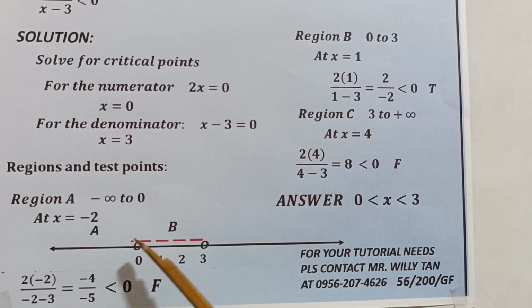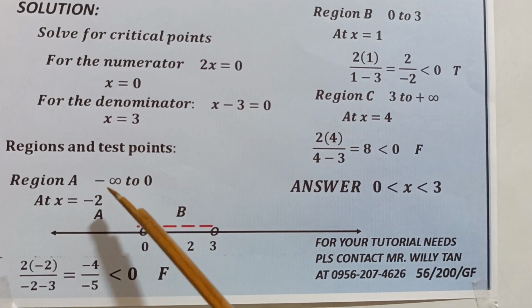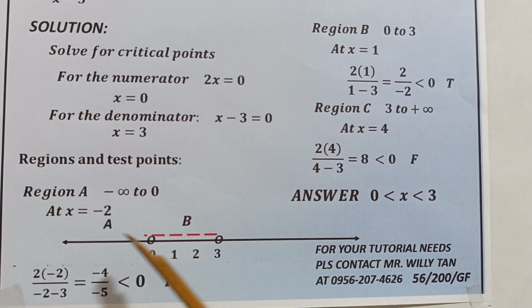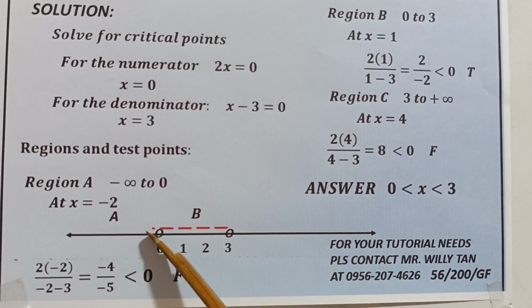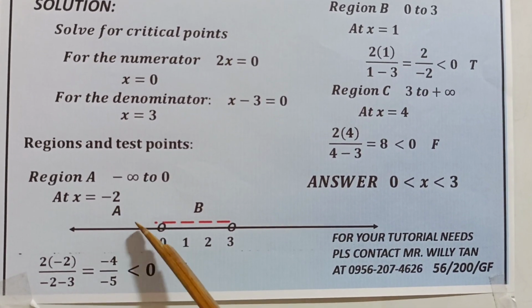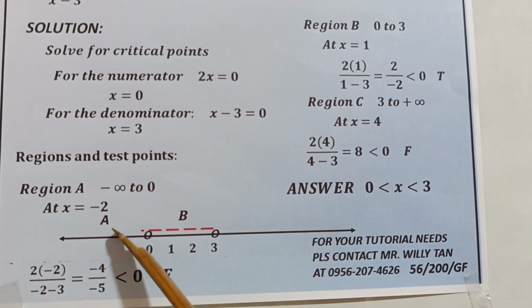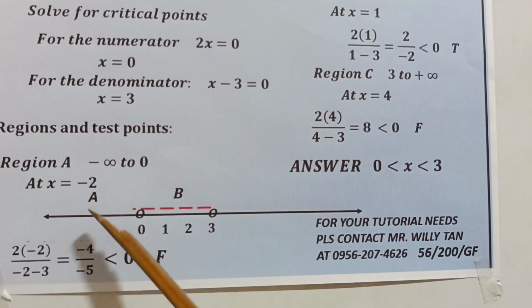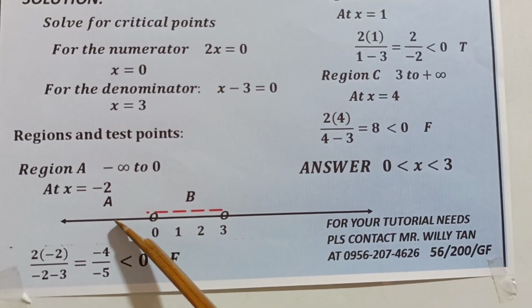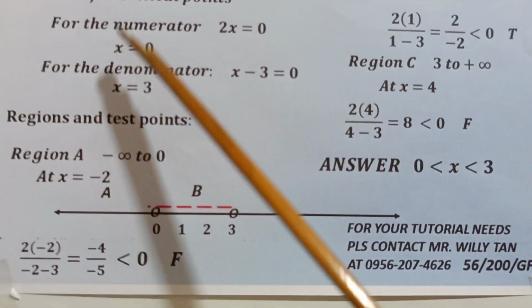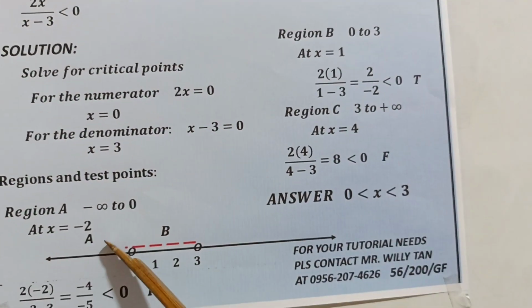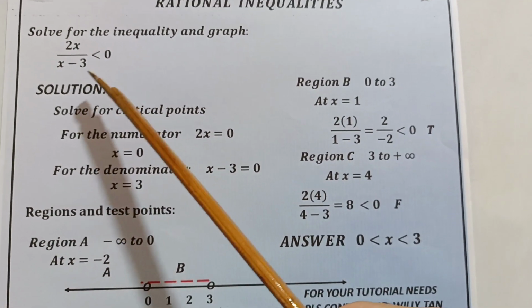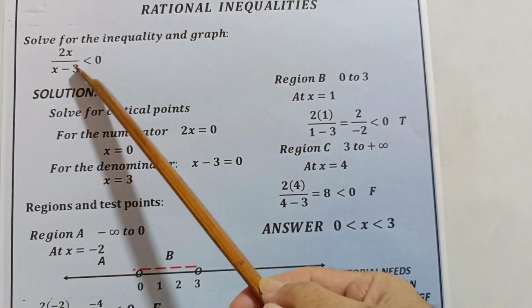So we choose a test point for each region. For region A, we choose x equal to negative 2, and see if it will hold true for the given inequality. So we substitute x equal to negative 2 into 2x over x minus 3, less than 0.